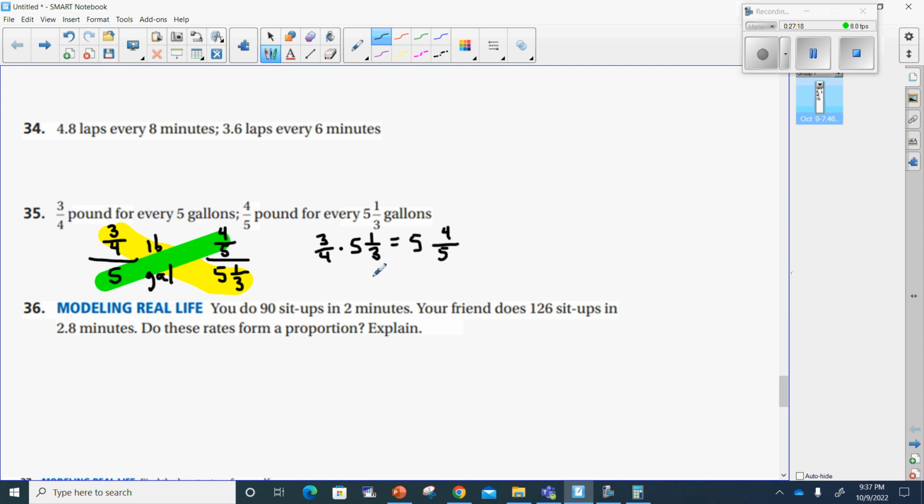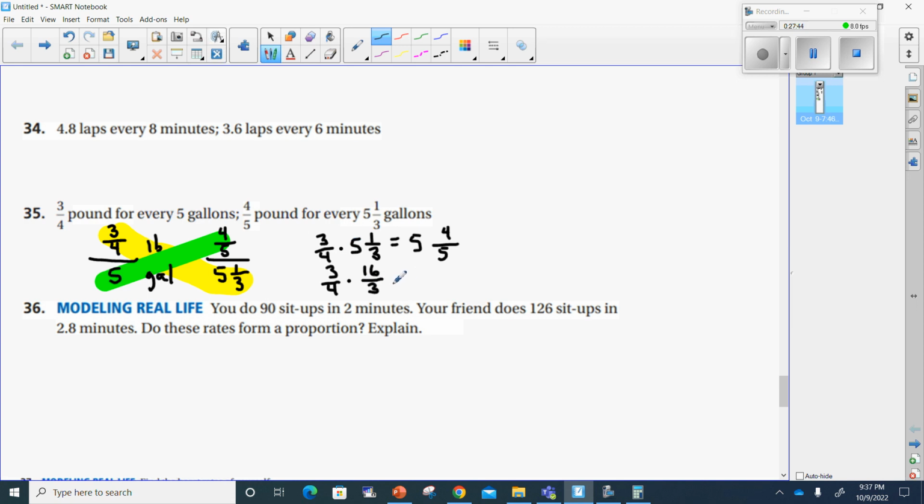I'm not getting a really good feeling about this, but we'll see. I got 5 1/3, I got 5 over here. It's possible. Let's give it a shot. First of all, I got to turn this into an improper fraction. So this is going to be 3/4, and I'm going to multiply to 5 times 3 is 15 plus 1, 16/3.